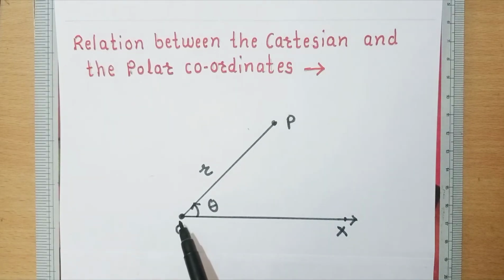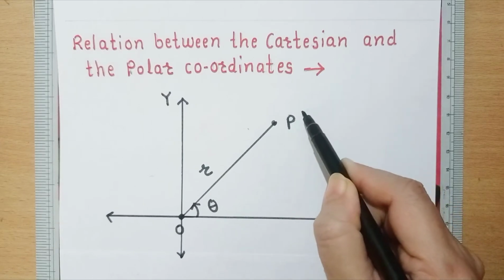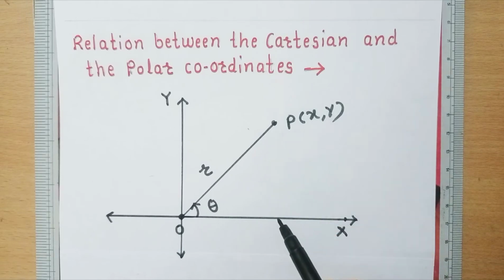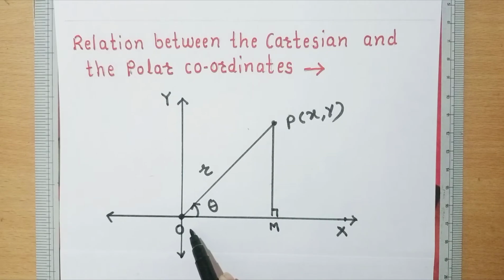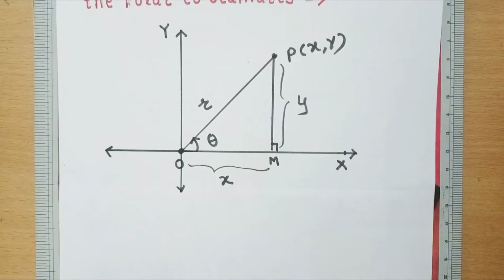So we will choose O as origin and x-axis along this OX, and y-axis perpendicular to the x-axis, and therefore the Cartesian coordinates of point P are (x, y). If I draw PM perpendicular to the x-axis, then this length is x and this length is y.